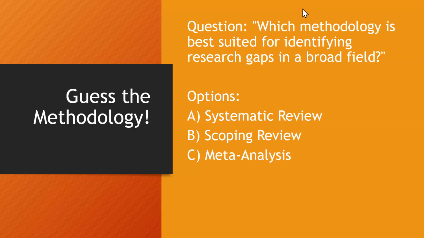Can you explain the reason why you chose scoping review? It could be an issue of semantics, but I feel like broad and comprehensive are not one and the same thing. If you used comprehensive, I would stick with systematic review. But because this is just broadly, it gives the impression of a scoping review. Okay, thank you, Evangeline.